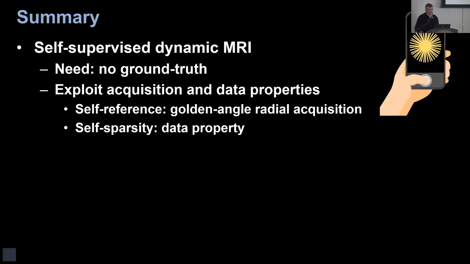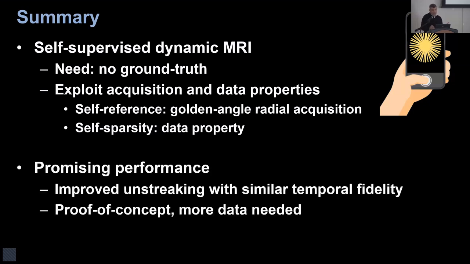So we can extract these self references, an anatomical reference and also a temporal reference. And also we can exploit the sparsity of the data during training in order to self-supervise the network training.